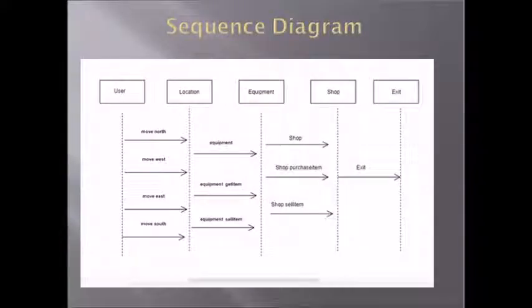So what exactly is the sequence diagram for this game? There are the user, location, shop and exit. The user needs to enter the game, take an item, look around, go to the item, and move around.